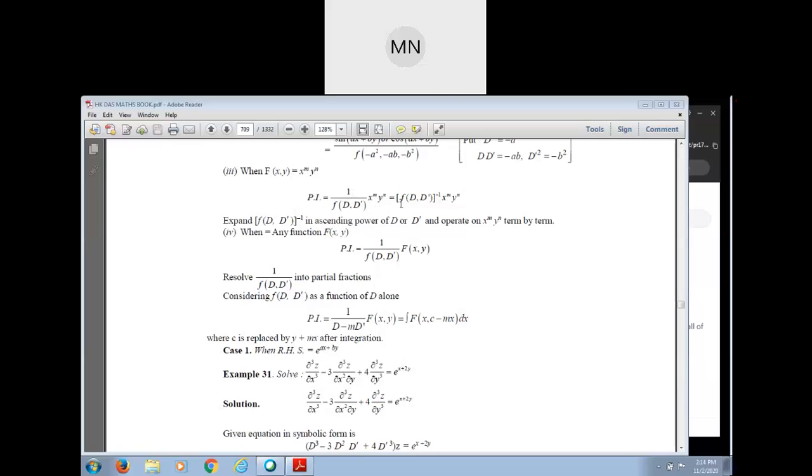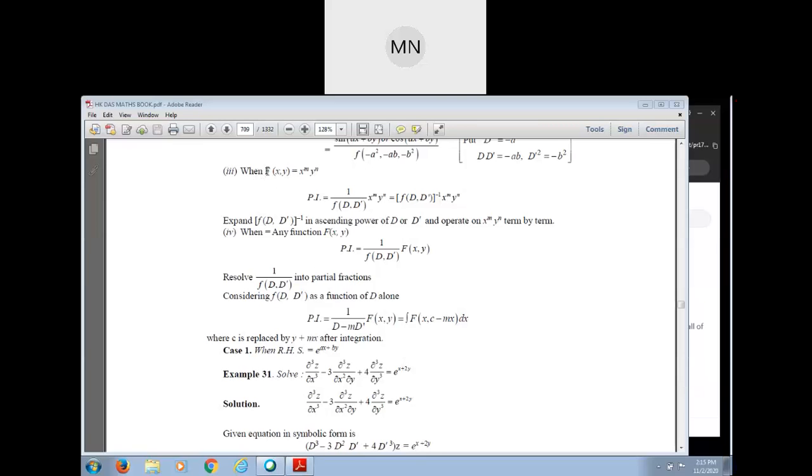Now if f of x, y is x power m y power n, the complementary function part is the same for all. It is the same as the homogeneous part. In the particular integral part, we use various methods, and it depends on the function f of x, y.